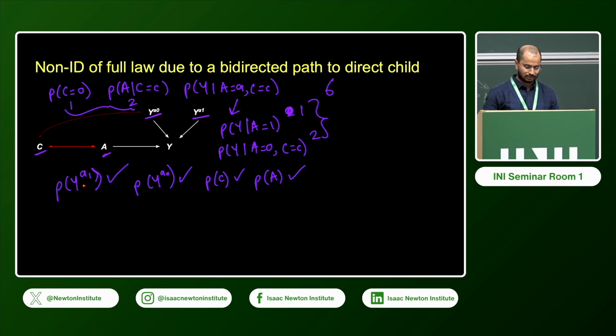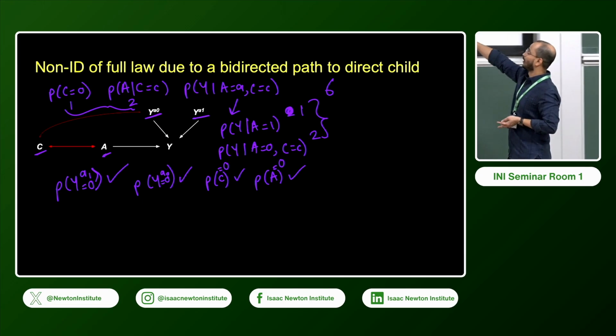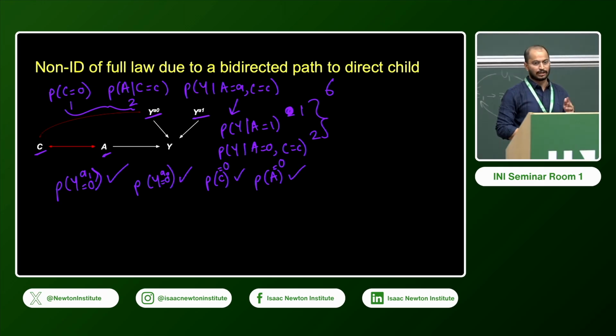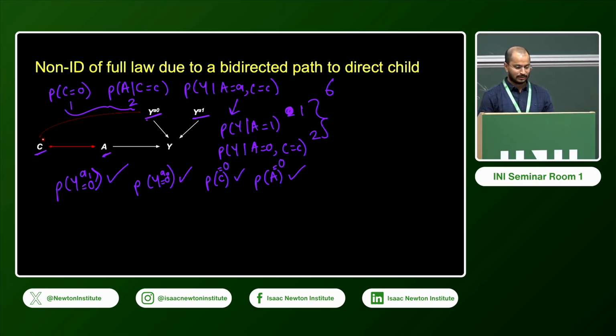And to not be sloppy, these are all with respect to some reference value, all of them being equal to 0. Okay, so I have 4 things that are identified so far, and remember I only have 6 in my observed data distribution. So I'm getting awfully close to proving that this joint may not be identified.